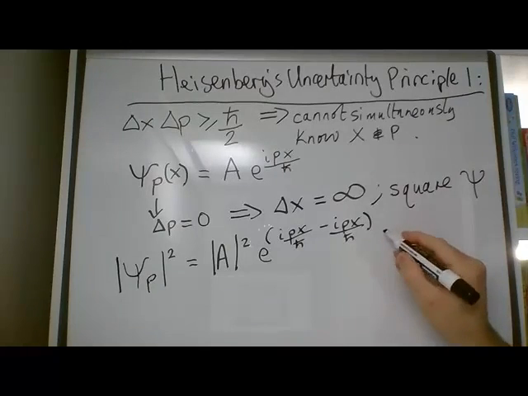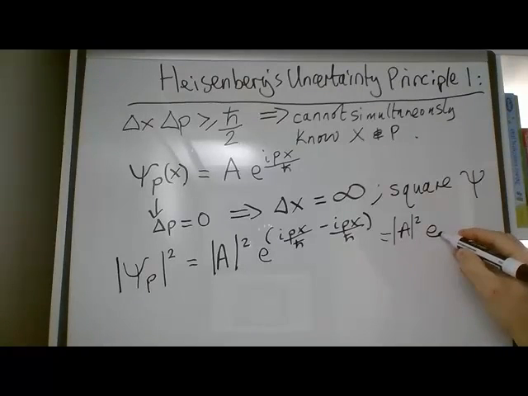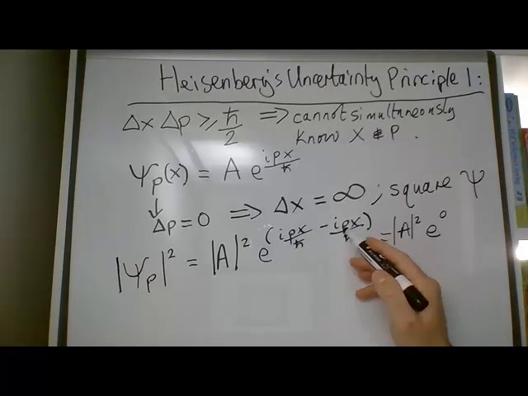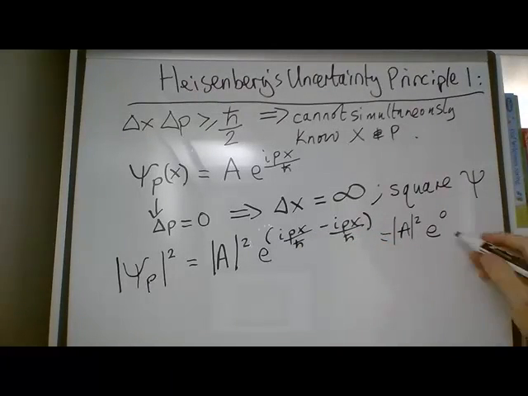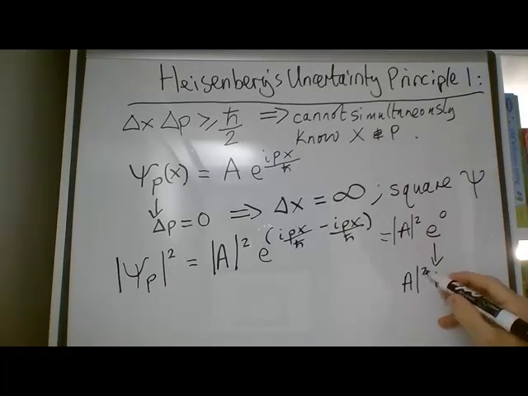So this is just going to equal a squared e to the 0, because something minus itself is 0. Well, e to the 0 gives us 1, and we have our constant. So we have one multiple of the constant.